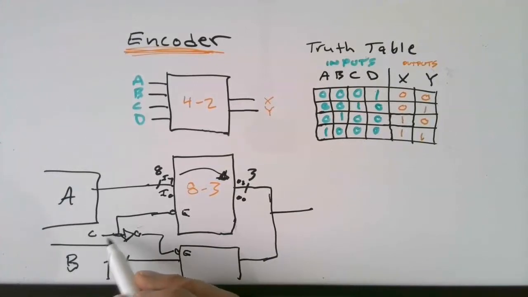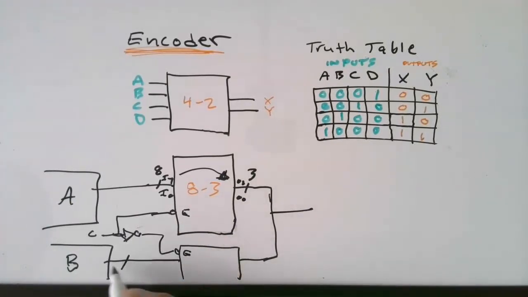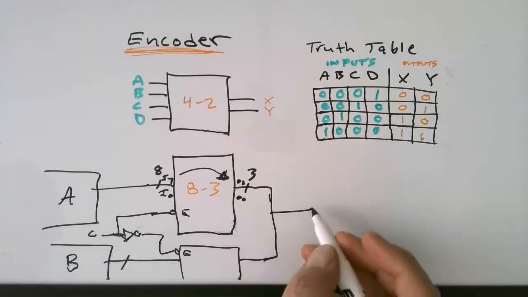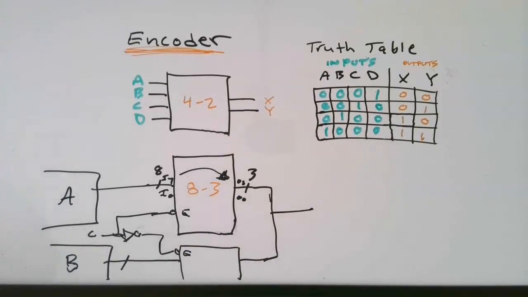So for example, if this was high on the input, that output would be disabled because it's active low, but this one would be enabled. So that means that the B data would be transferred to the output. If the input was low, this one would be enabled, but this one would be disabled. So we'll talk about that in more detail later, but the enable inputs are very common on these devices.